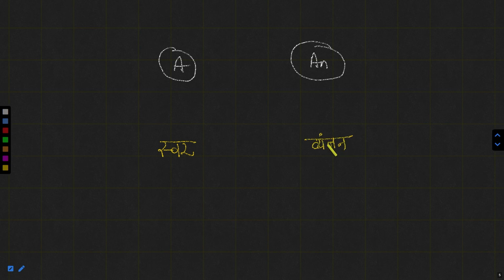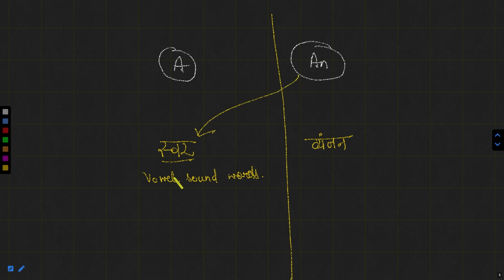Swar means vowel sound. It means if you talk about any word and its pronunciation starts with a vowel sound, or swar, there we will use the word an.